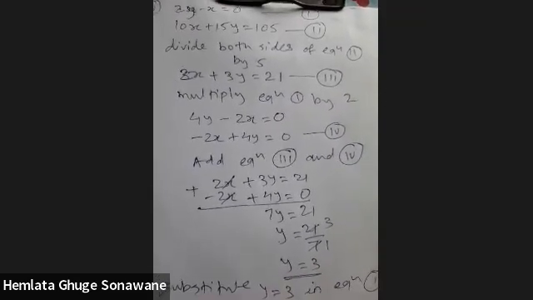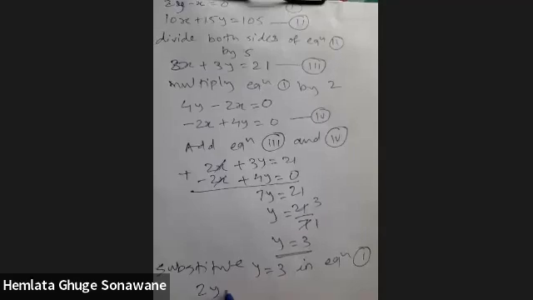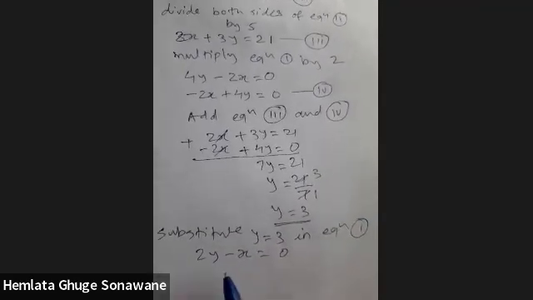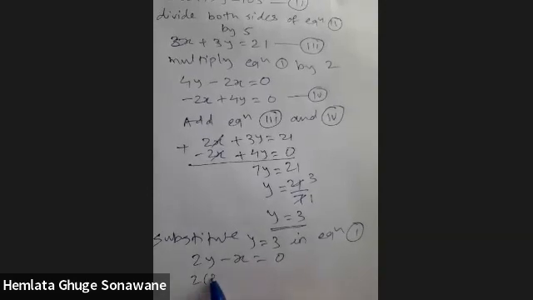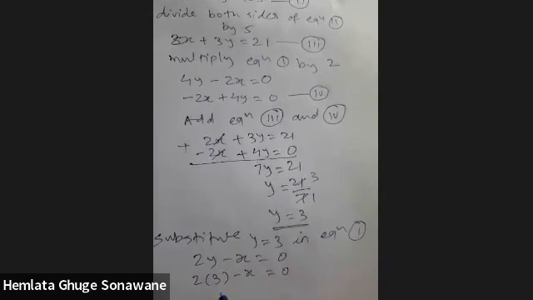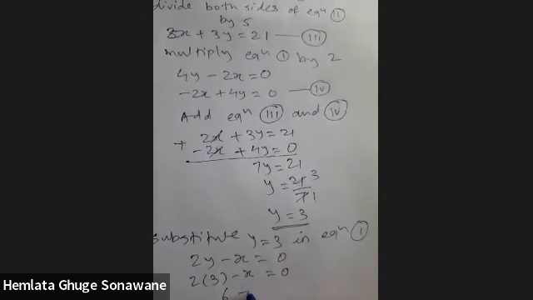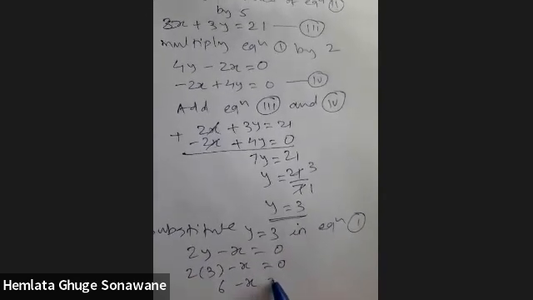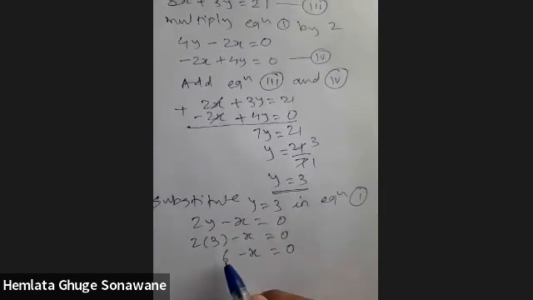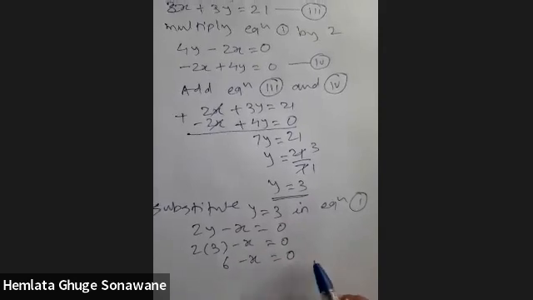Our equation number 1 is 2y minus x is equal to 0. That is 2 into 3 minus x is equal to 0. 3 2s are 6, minus x is equal to 0. Okay, this plus 6 becomes minus here.